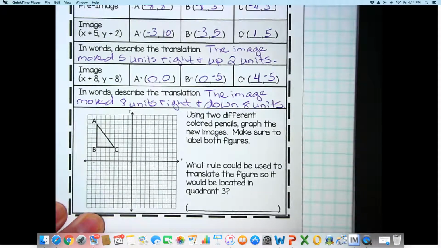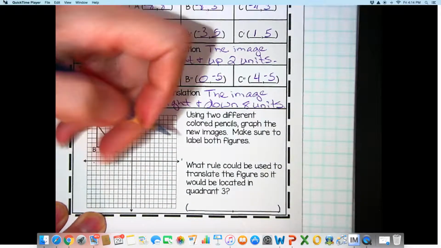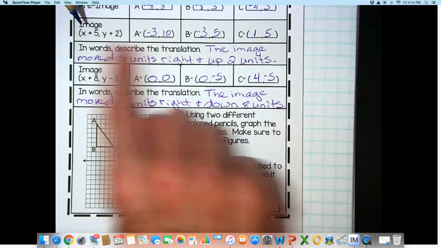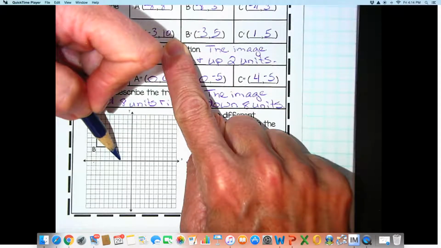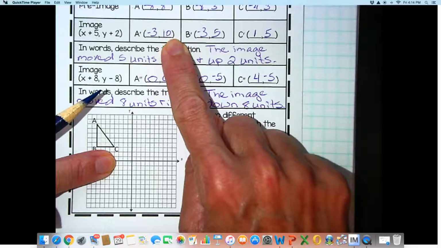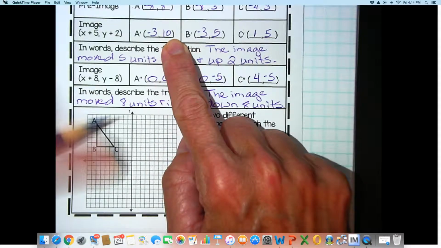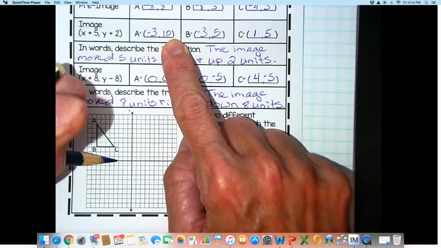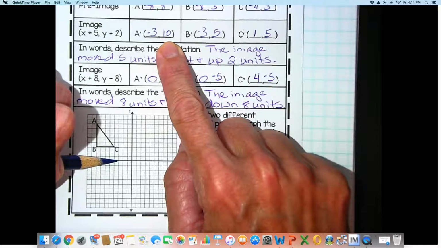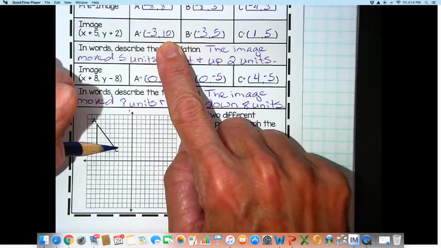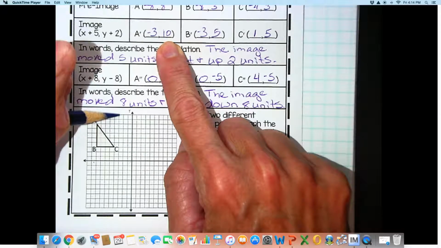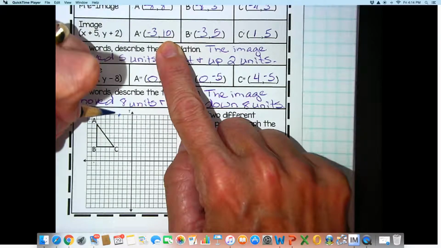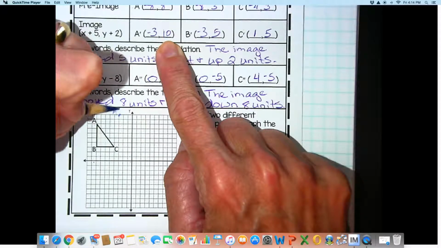Okay, so I'm going to use purple for the next one, and for this one I need to go over to -3, 1, 2, 3 over here, and I need to go up 10. So I'm going to go over 1, 2, 3 to the left, and up 1, 2, 3, 4, 5, 6, 7, 8, 9, 10, right there. And that's going to be A prime.